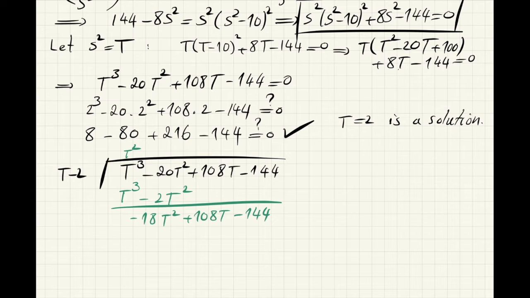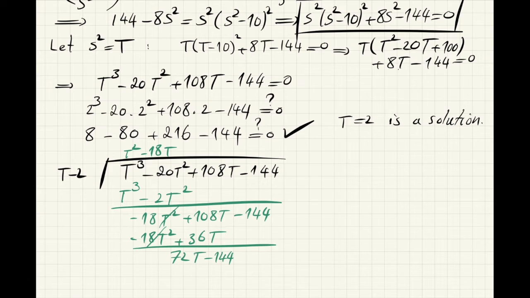And then I do the division once more, so it becomes minus 18t, so it becomes minus 18t squared plus 36t. And if I do subtraction, this is gone and this becomes 72t minus 144.